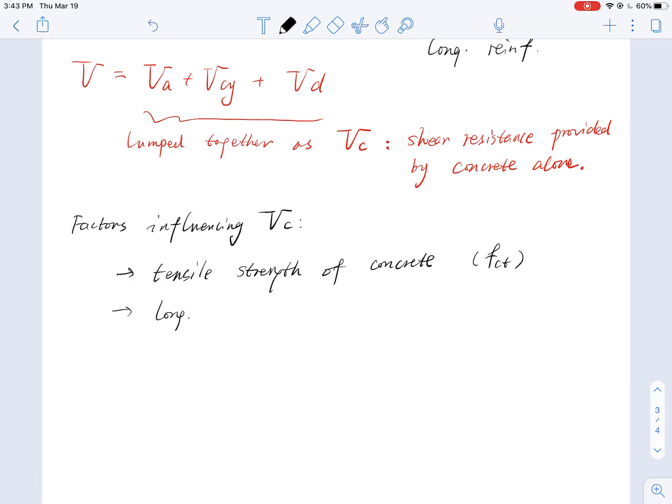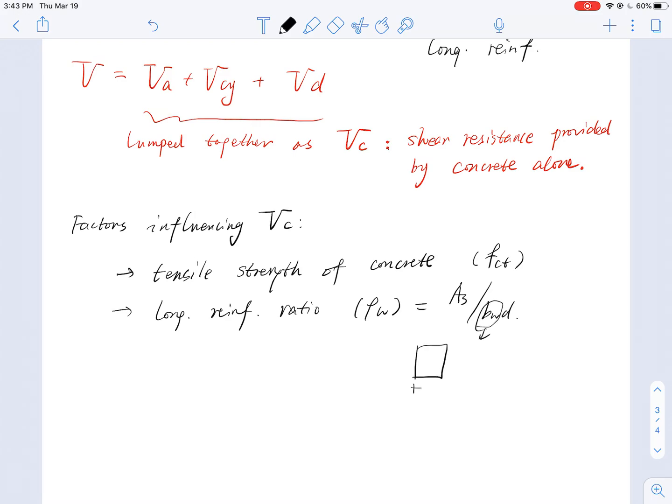Also, the longitudinal reinforcement ratio, defined as As, longitudinal reinforcement area, divided by bw d.